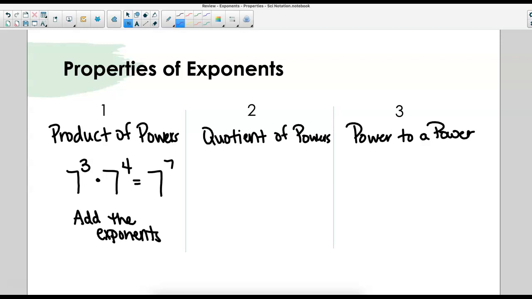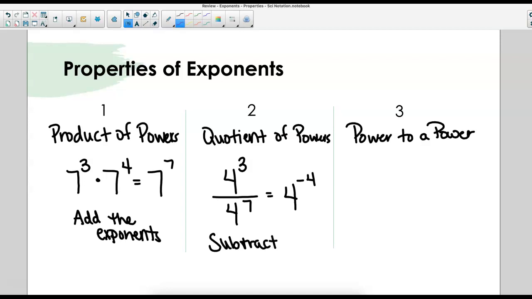Quotient of powers was when it was dividing. So we might have 4 to the third power divided by 4 to the 7th power. And what do we do with the exponents this time? You subtract them. So this would be 4 to the negative 4th power.